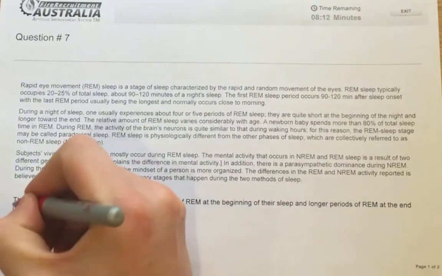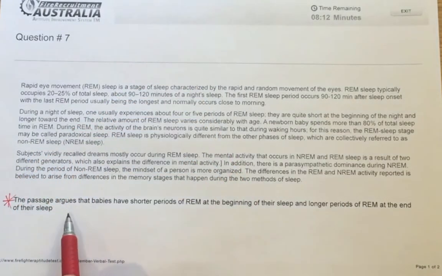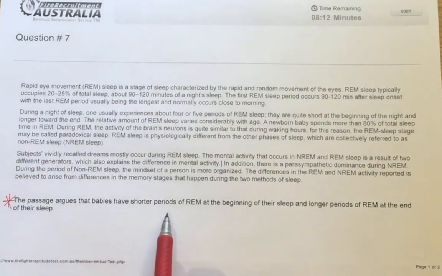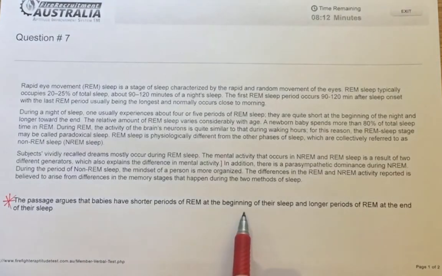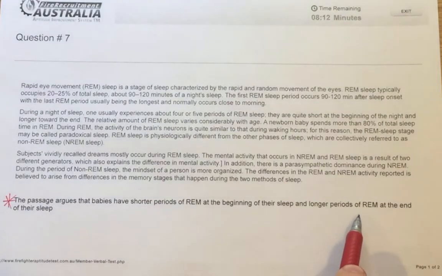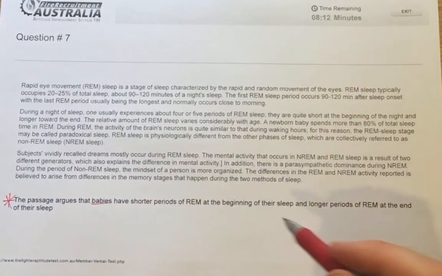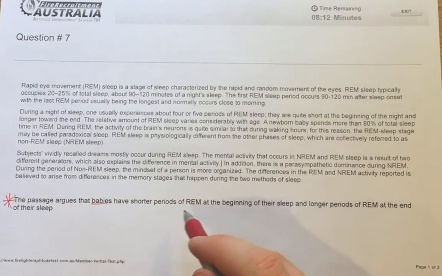Same again for question 7. Read the question. This passage argues that babies have shorter periods of REM at the beginning of their sleep and longer periods of REM at the end of their sleep. So I'm going to be looking for babies and lengths of REM.